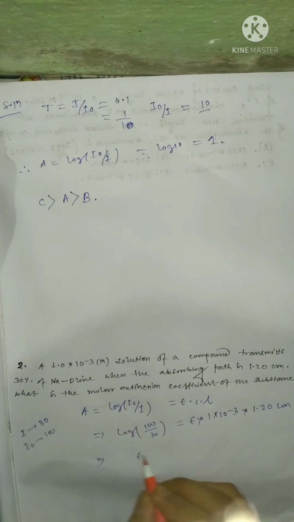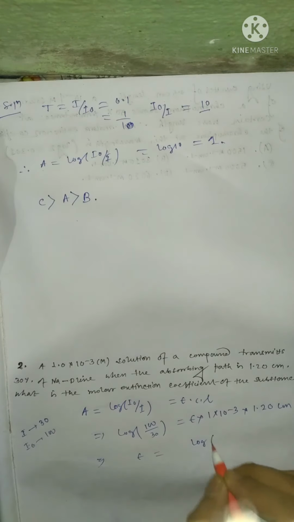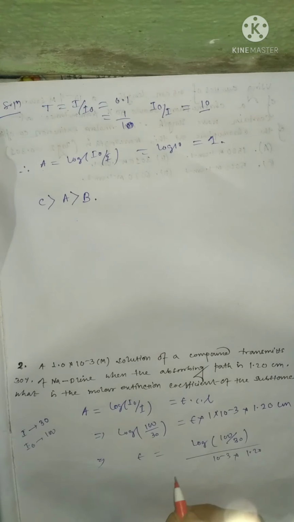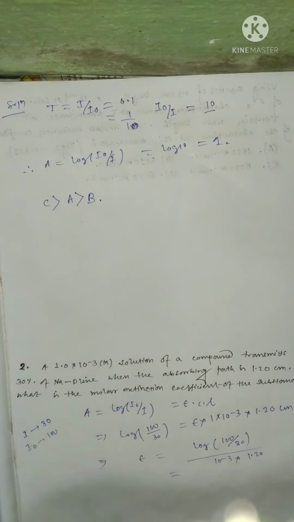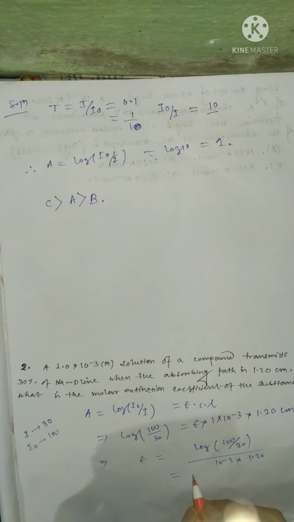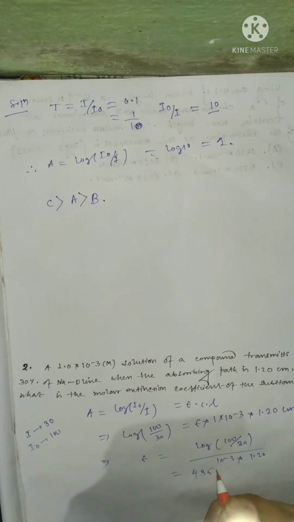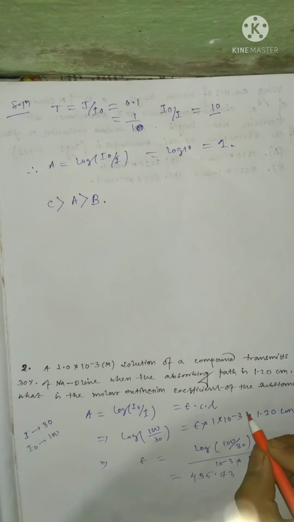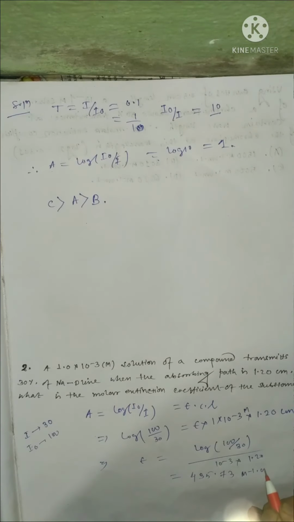So epsilon equals log 100 by 30 into 1 by 20. The value of the molar extinction coefficient is 3.73, with units molar inverse centimeter inverse.